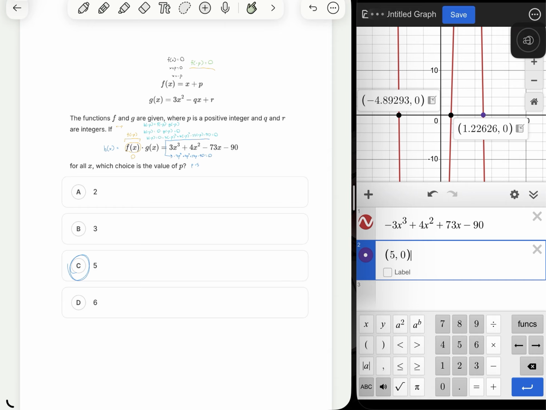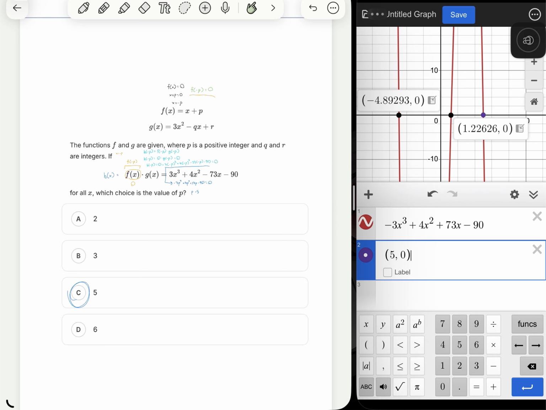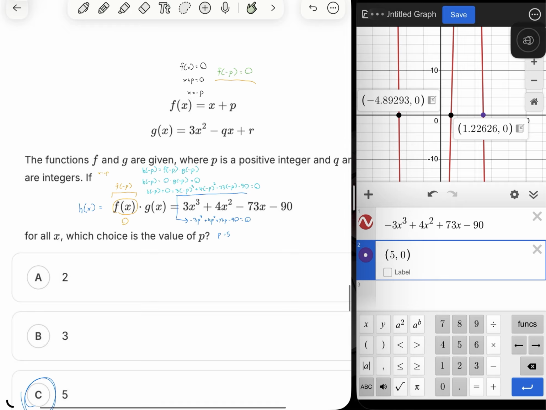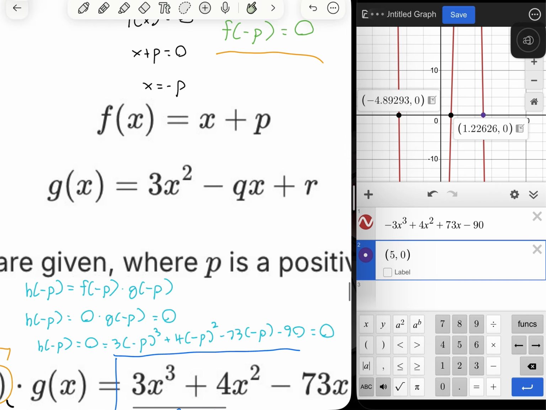So just to recap, the most important part about this problem is realizing that you could go ahead and just multiply these two together, but that's going to take a lot of time, because expanding, especially with multiple variables, is never a good idea. That being said, if you only have one constant and you're thinking of expanding, you probably can.